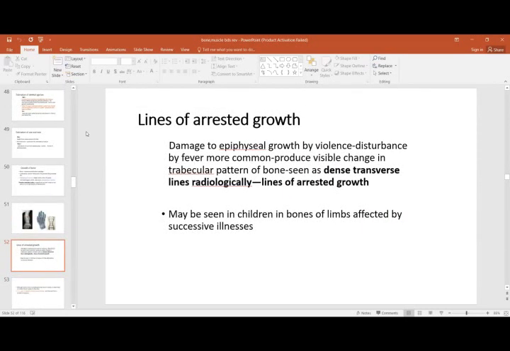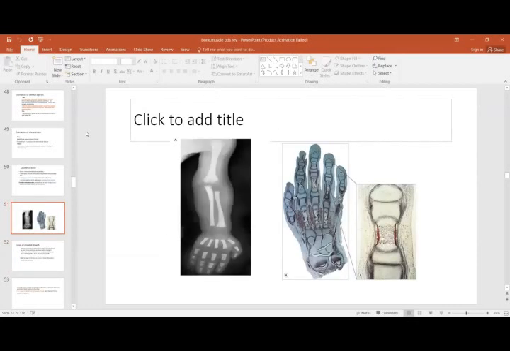Then the lines of arrested growth. Because of some problem or some disease, the ossification of the bones cannot be seen smoothly or completely. When you see irregularities in the epiphyseal plate, that is what is called the lines of arrested growth, and that is because of a diseased time period experienced by the person. As you see in a smooth epiphyseal cartilage, you will not see the lines of arrested growth.